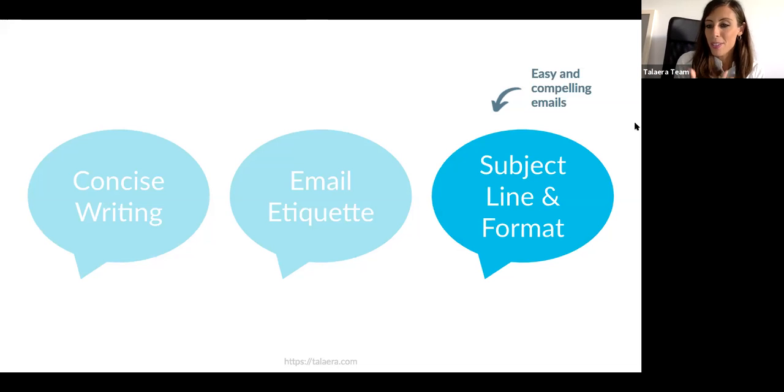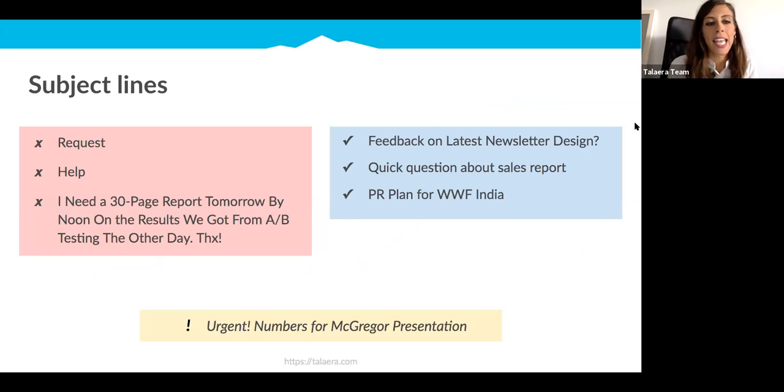I want my emails to be read. How do I make people read my emails? Subject line and format are two things that I want to talk about. Subject lines. There is a red box and a blue box. The ones in the red box are 3, and I'm not a big fan of any of them.